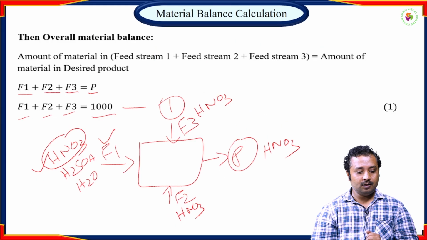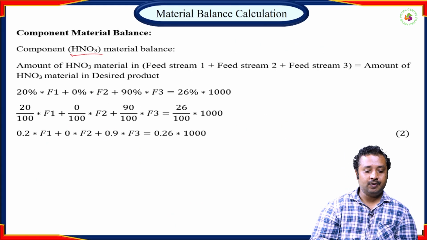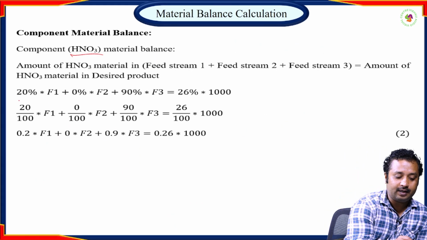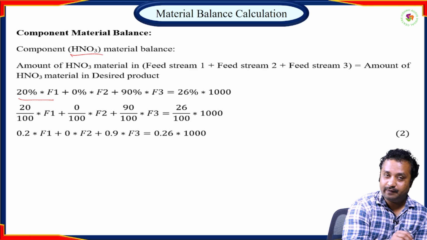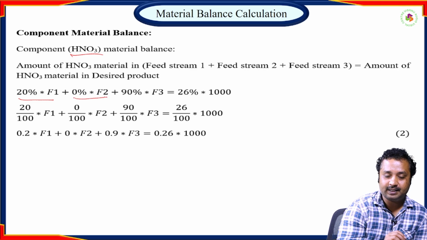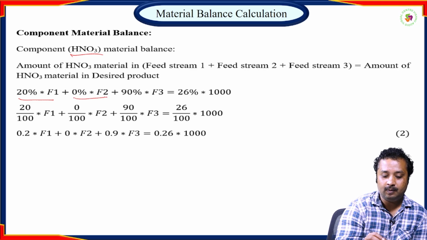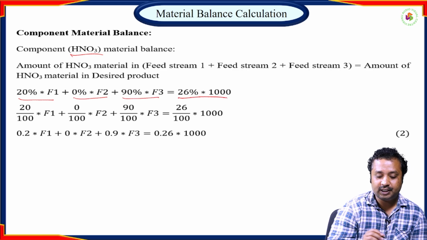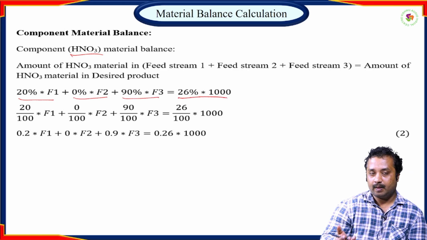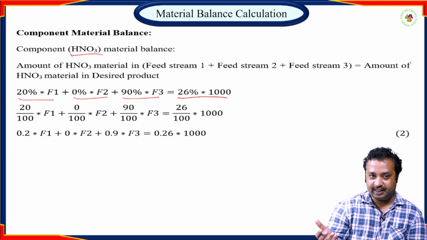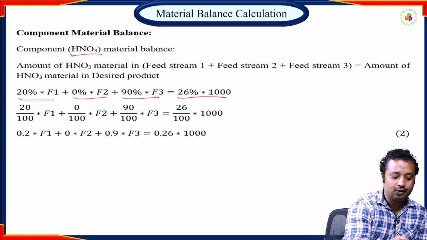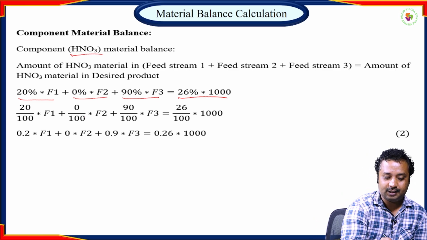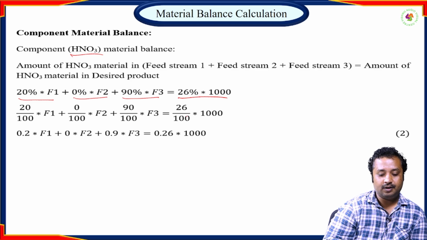Let us do that. So 20% of F1, plus 0% of F2, plus 90% of F3, is equal to 26% of the product, that is 1000 kg. So 20% means 20 by 100, 0 by 100, 90 by 100, 26 by 100.